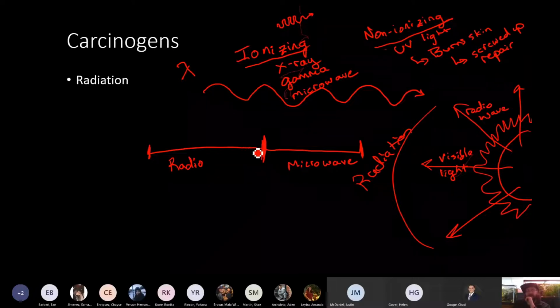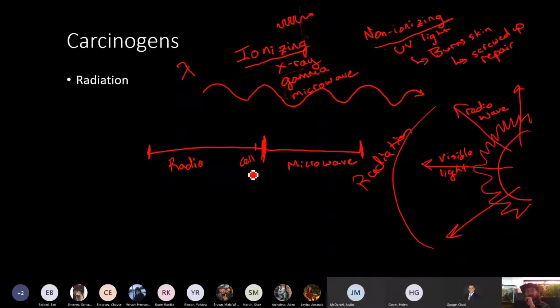So it's worth noting, cell phones are in the radio spectrum. They're closer to microwaves, but they are in the radio spectrum, which means they do not exhibit any of the features of microwave radiation. They exhibit the features of radio waves.